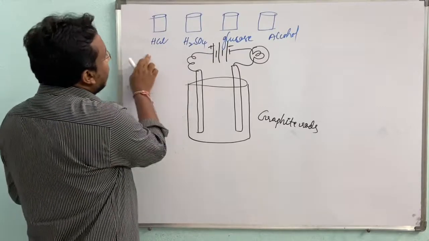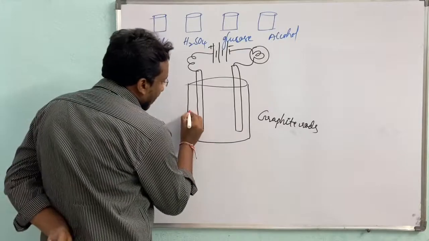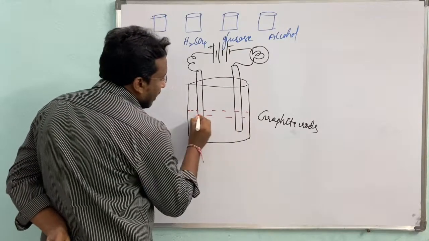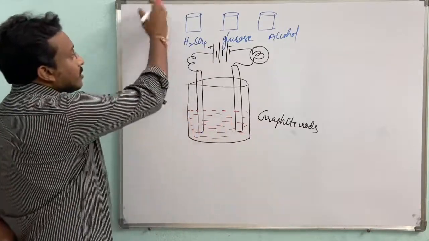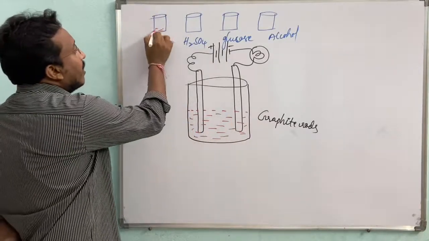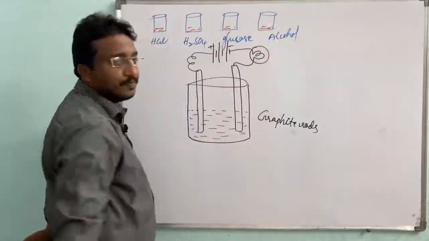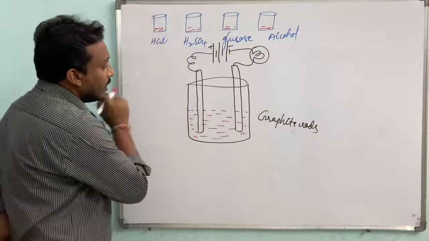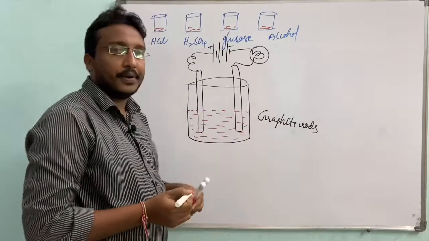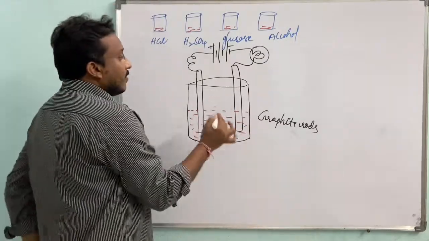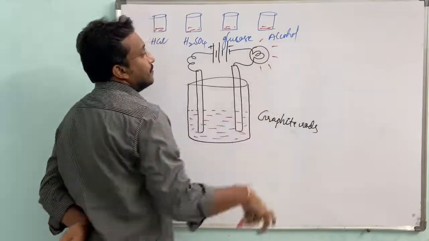Then take hydrochloric acid in a beaker. First, take hydrochloric acid. When we have taken hydrochloric acid, then the bulb glows.